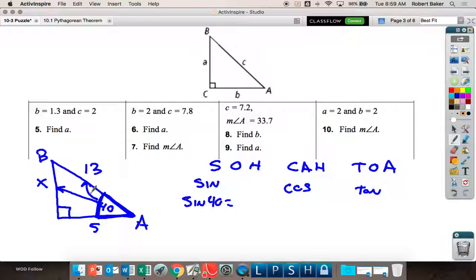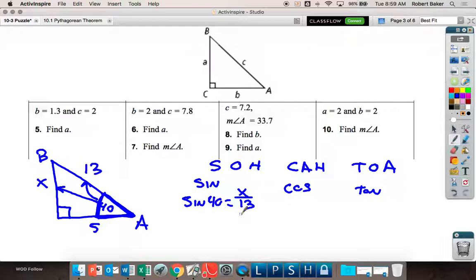Sine of 40 is equal to x over 13. That's what we did on Thursday. Sine of the angle is equal to opposite over hypotenuse. And I taught you guys how to solve that on Thursday.